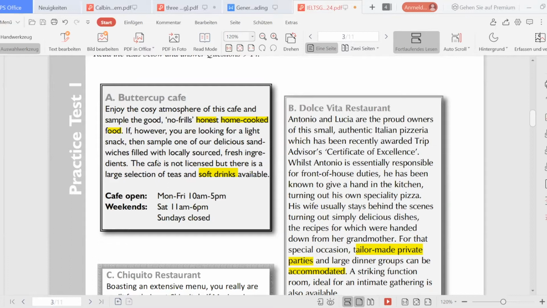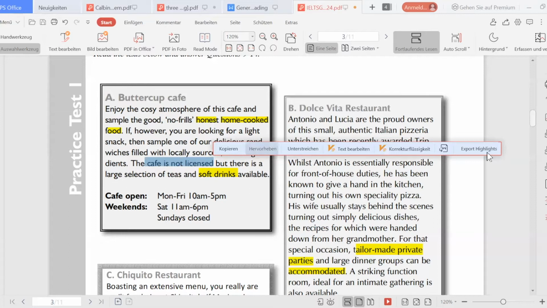So the cafe is not licensed, but there is a large selection of teas and soft drinks available, okay? Non-alcoholic soft drink, but where is the only? So the only is actually here. A not licensed cafe cannot sell alcoholic drinks. Okay, so that's why in this case, you interpret the only from the fact that the cafe is not licensed.